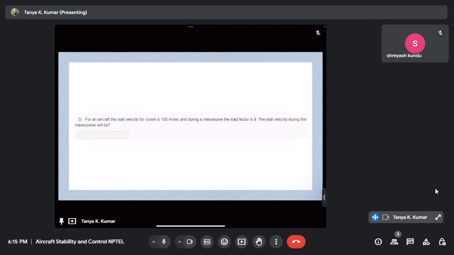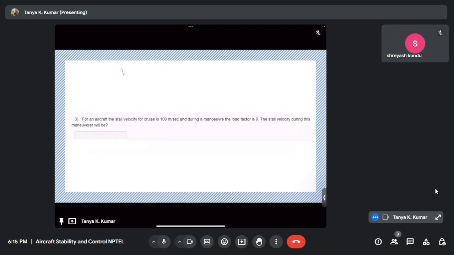Next. For an aircraft, the stall velocity for cruise is 100 meter per second and during a maneuver, the load factor is 9. What will the stall velocity during maneuver be? The equation for stall velocity, which we've been seeing from the first lecture, is under root of 2W by S by rho CL max. This is given as 100, so let this be the first stall velocity Vs1, under the assumption that lift equals weight.